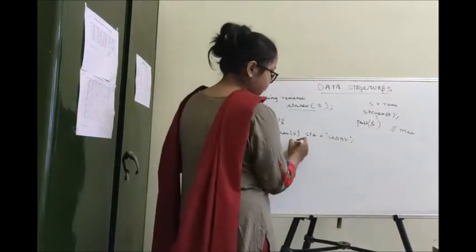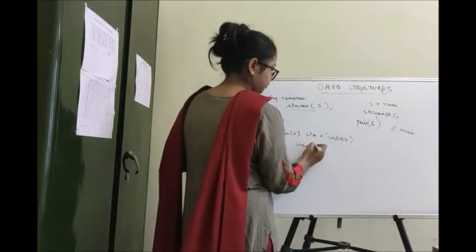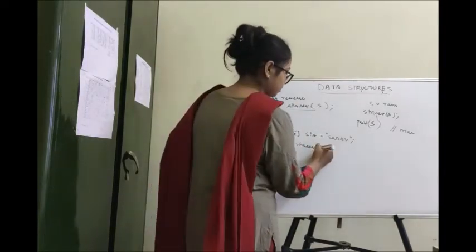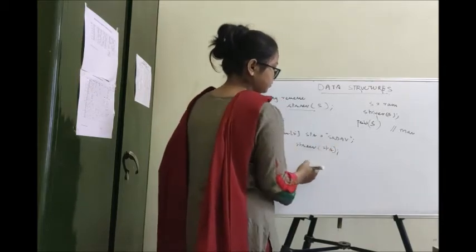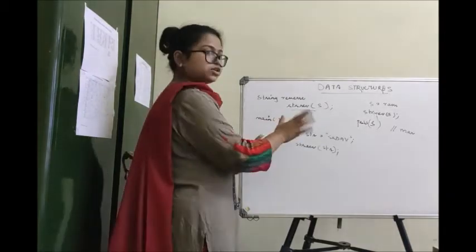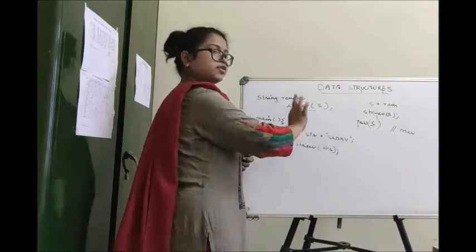So what will I do? I will simply call strrev, or I can store it somewhere as well. It's up to you, it's totally flexible. I put str into strrev. Now the string has been reversed. Once we call this statement, this skdav is reversed now.